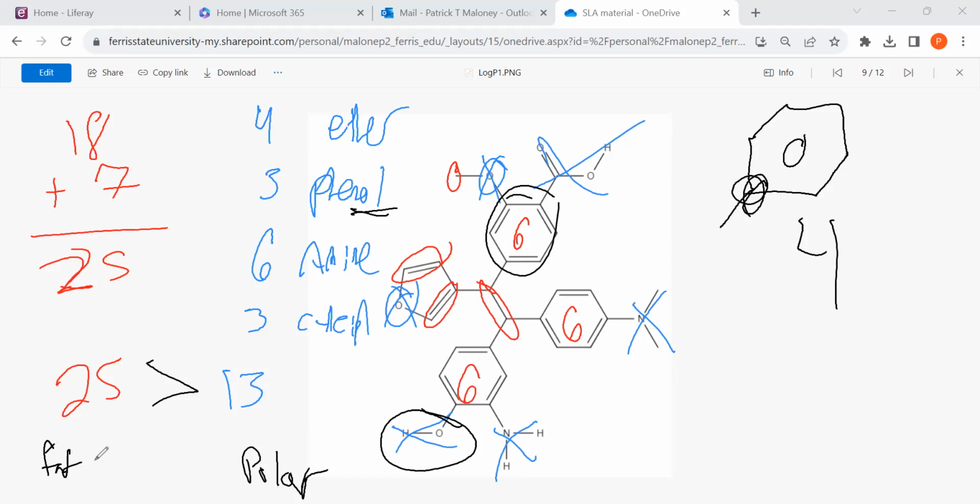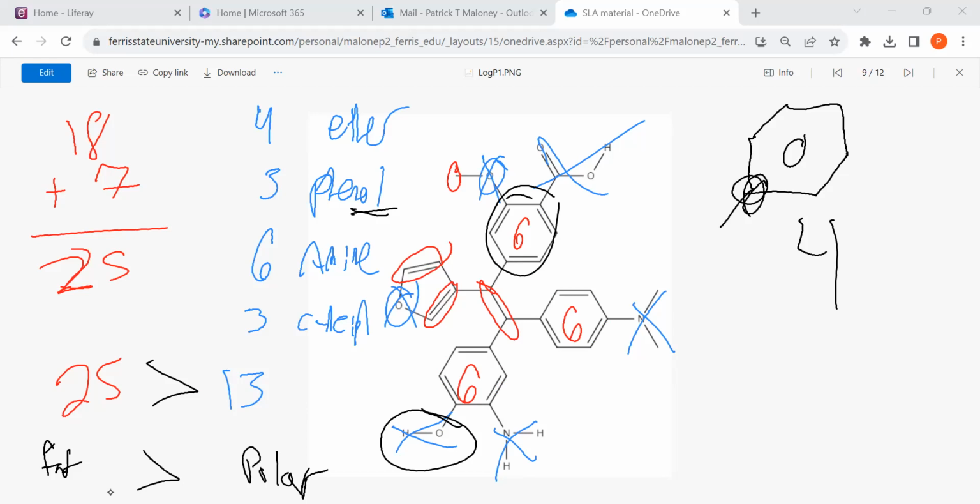So it will be fat soluble, but it will not be water soluble. Does that make sense? Yeah. Okay. So if you're asked, will this molecule be soluble? I would put either this molecule will be fat soluble or this molecule will be water insoluble.